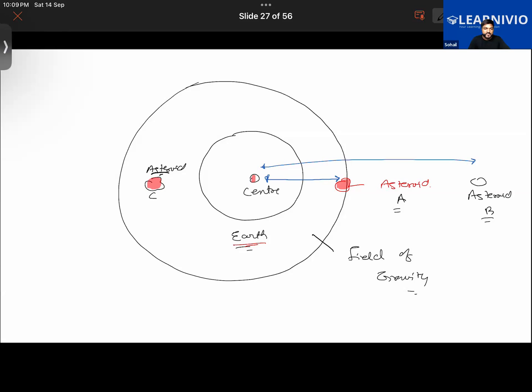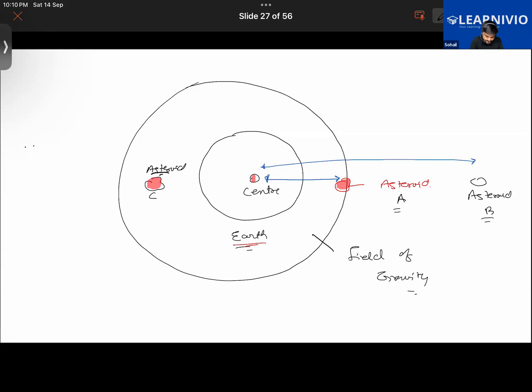So one of the major factors that determines the gravitational force that will exist between two objects is the distance. As the distance decreases, the force of gravity will increase. And as the distance increases, the force of gravity will decrease.